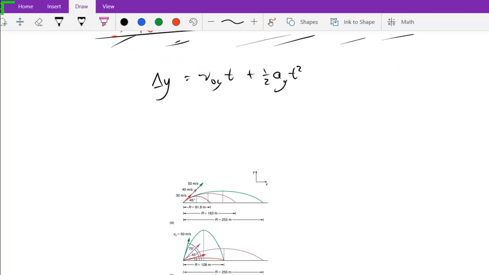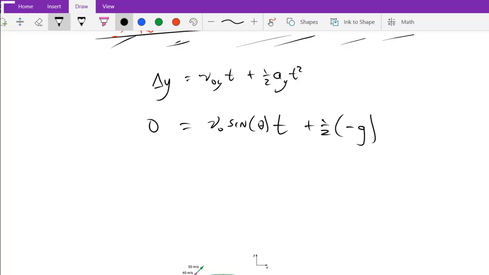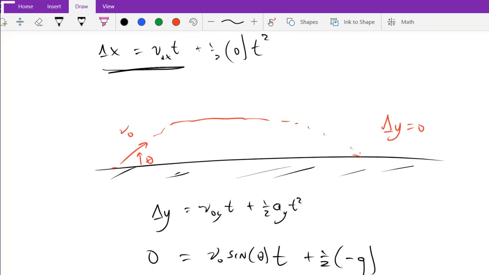This simplifies down and becomes 0 is equal to, and we know that v naught y is going to be v naught sine of theta, as long as theta is given in standard position, times time, plus 1/2, and if we're on Earth, we have acceleration in y using a traditional coordinate system, like the one we had with the volcano previously.